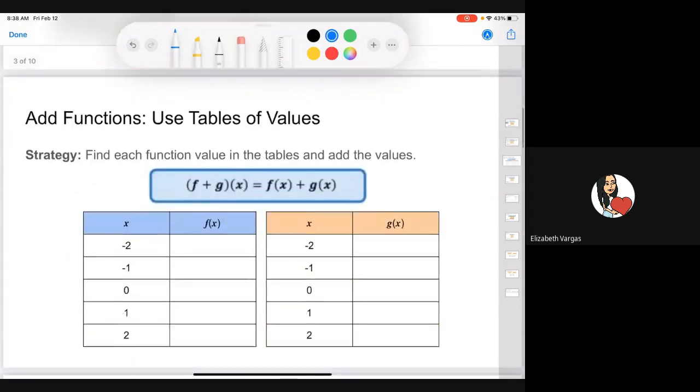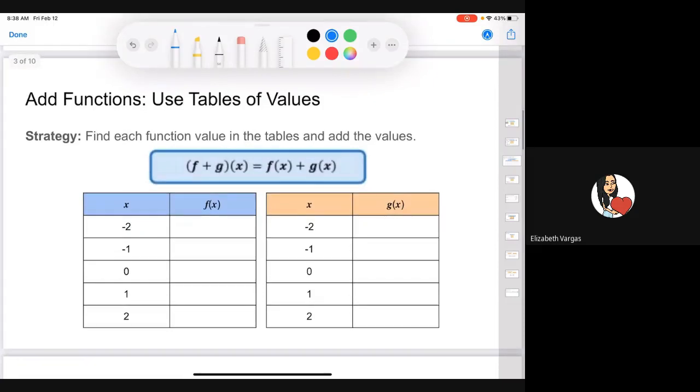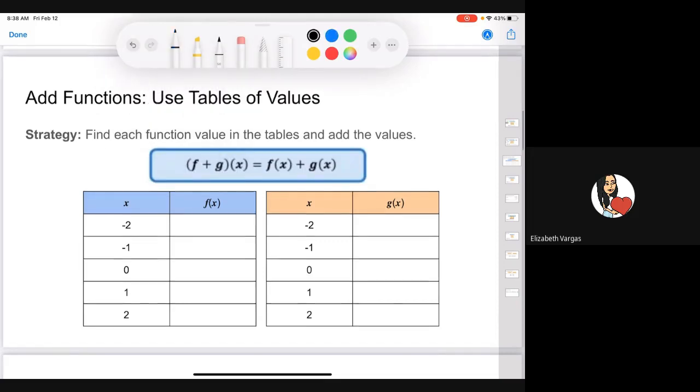Okay. So now we're going to look at functions and use the table of values. Basically, we're going to find out what the function would be for every x value. Here we have the function x², that we saw on the other side, and this one was x minus 6.